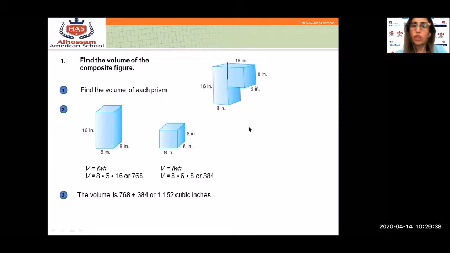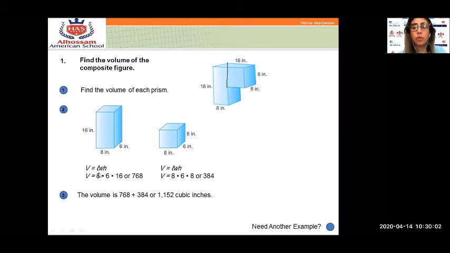Okay, guys, so let's see the second question. Khalid, do you have a question? Tell me, Khalid. Where did you get 768 and 384? The volume is length times width times height for each one. Khalid, look at the first shape.